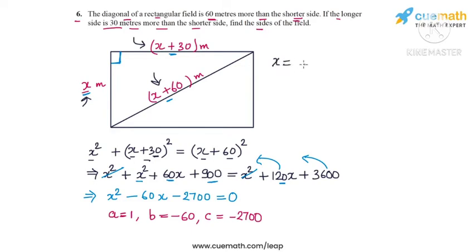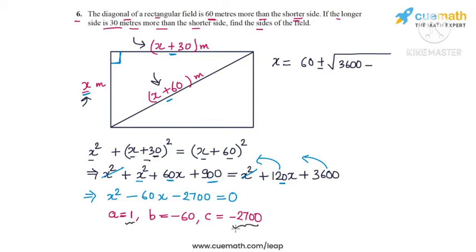So x will be equal to minus b, so that's minus of minus 60, so that's plus 60, plus minus root b square, so that's minus 60 whole square, or 3600, minus 4 into a, which is 1, into minus 2700.